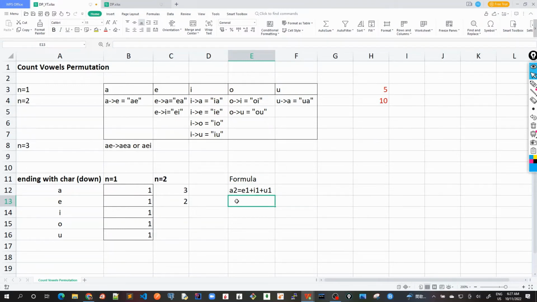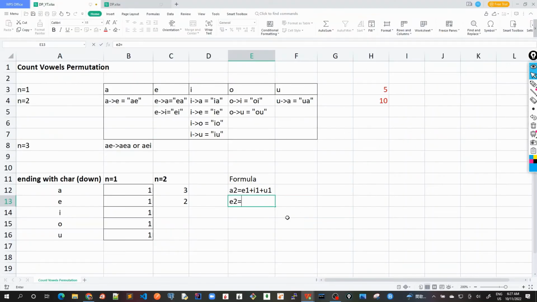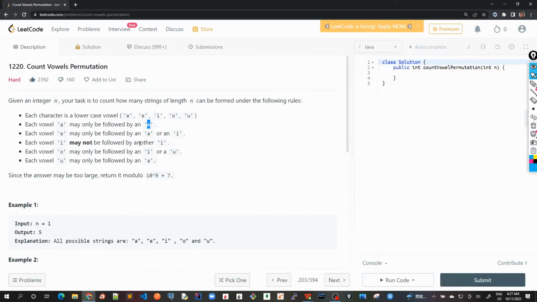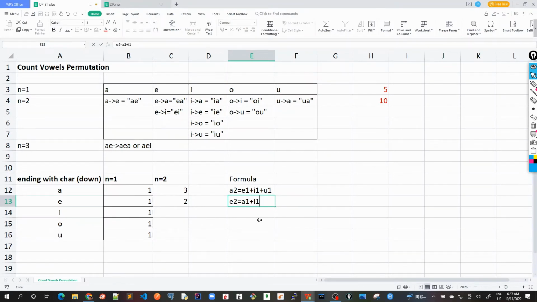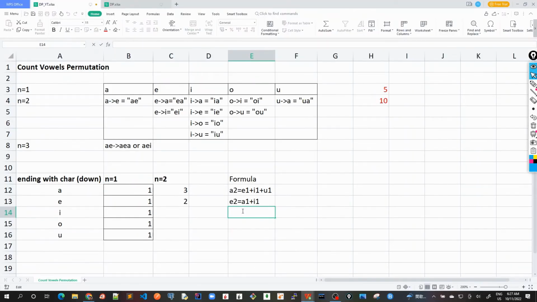Similarly, we can do it for E. E2 can be followed by an A, so it would be A1 plus I1. Then let's go for I. I can come after E, so again, let me write the same formula.